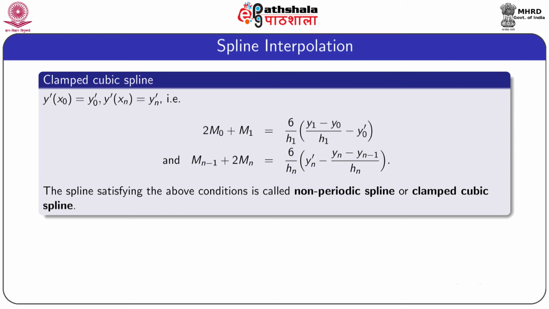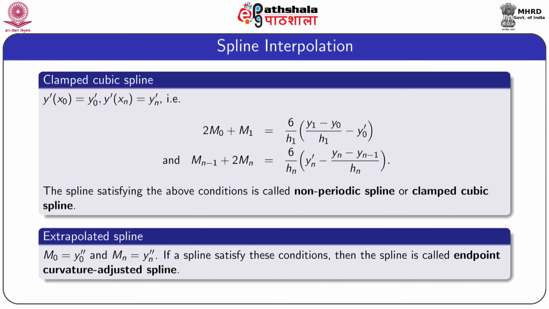That is, we can write 2m_0 + m_1 = (6/h_1)[(y_1 - y_0)/h_1 - y_0'], and the second equation is m_{n-1} + 2m_n = (6/h_n)[y_n' - (y_n - y_{n-1})/h_n], and the spline satisfying this condition is called non-periodic spline or clamped cubic spline.